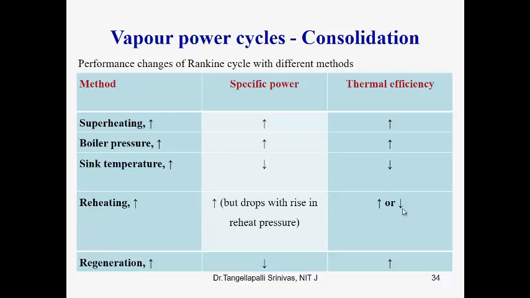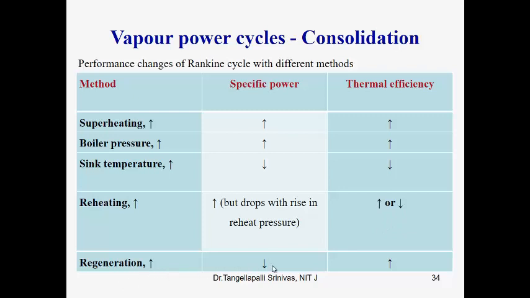For thermal efficiency, it may increase or decrease, depending upon the mean effective temperature of heat addition. If the mean effective temperature of heat addition is more than that of the Rankine cycle, the efficiency will improve, otherwise it will decrease.